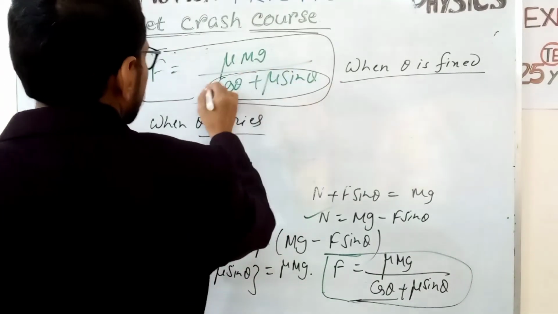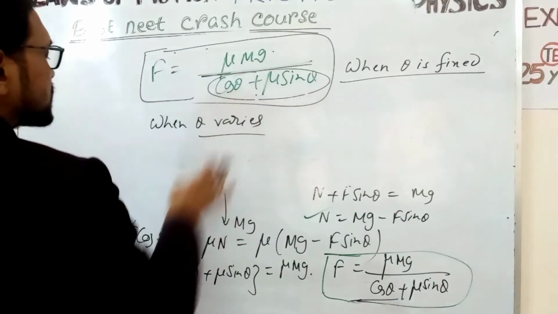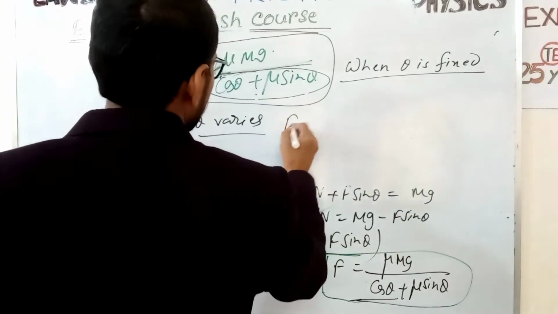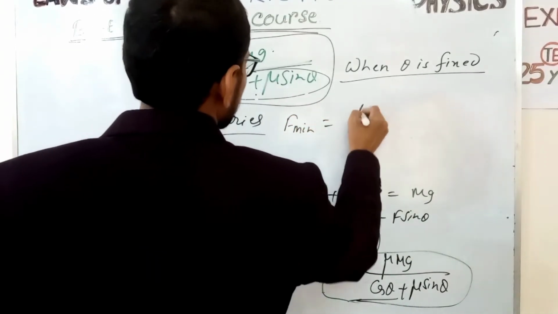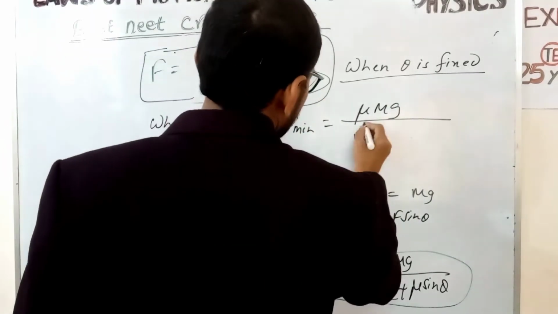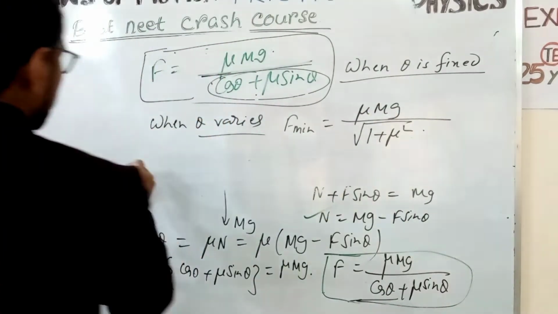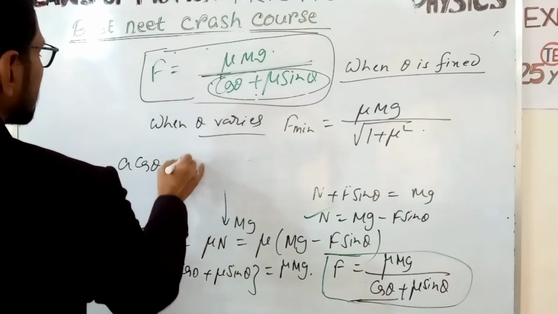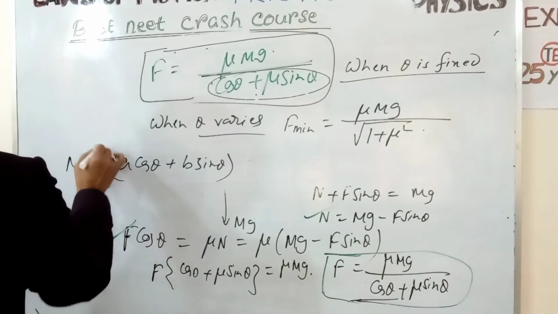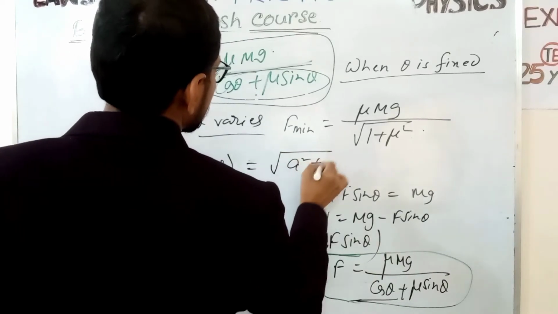Now, this has a numerator and a denominator. If the denominator, that is this expression, is maximum, then the force will be minimum. So F minimum equals this divided by the maximum of this. The maximum value is root over 1 plus mu square, because there is a formula in trigonometry: the maximum of a cos theta plus b sin theta equals root over a square plus b square.